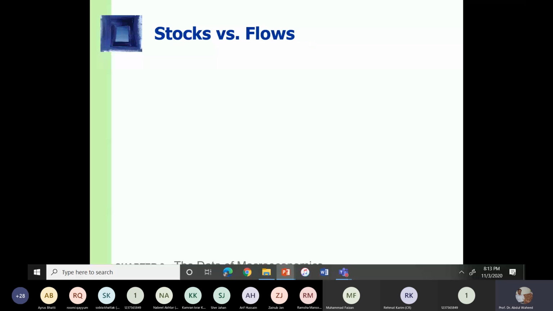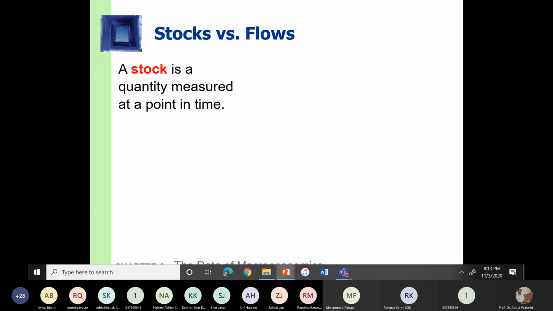So actually, if we see, we have stock variable and flow variable. Stock is a quantity measured at a point in time. Just like I say, a firm has 500 computers in 2020. This is the stock, no?